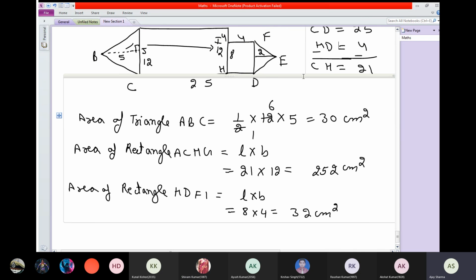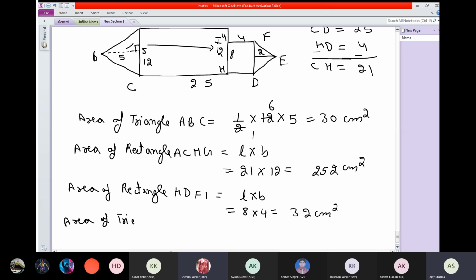Area of triangle DEF. Area of the triangle is 1 by 2 into base into height. Now what is the base?